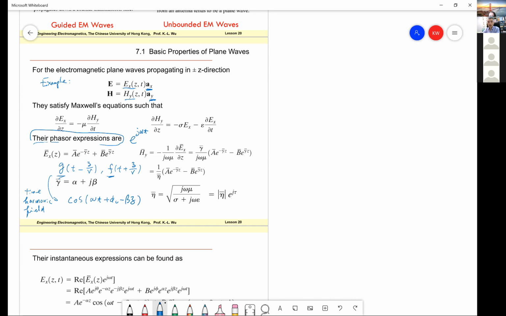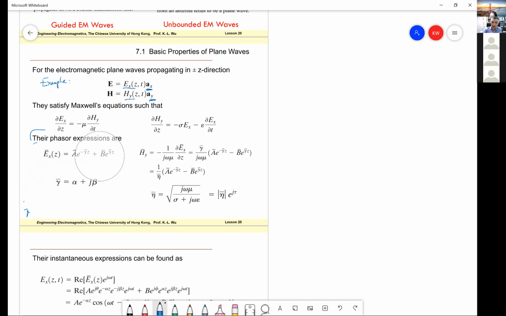So this is a specific function for g. You can write another for f, where this becomes omega t, you can have another initial phase, but this is plus beta z. So we just reviewed this.